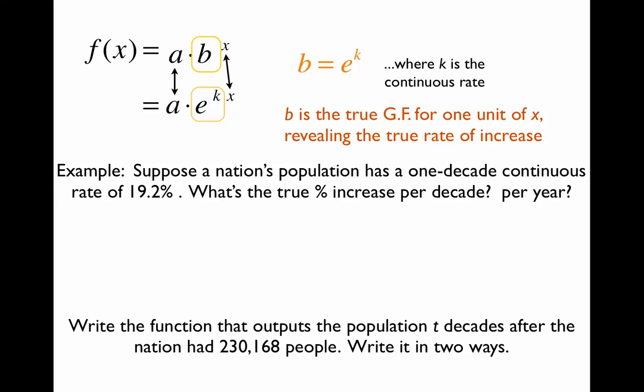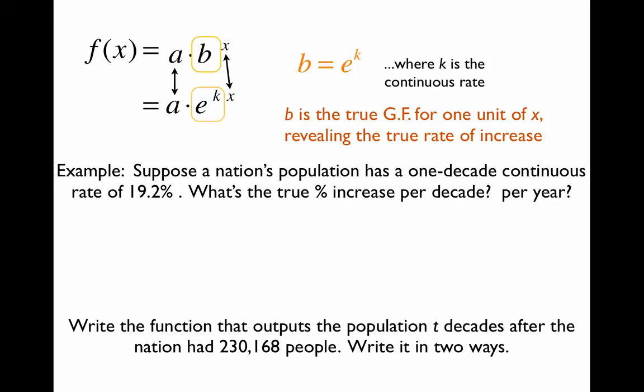So suppose a nation's population has a 1-decade continuous rate of 19.2%. What's the true increase per decade and per year? So it's telling you the continuous rate is 19.2%. Of all the symbols on the page, what is it giving you?